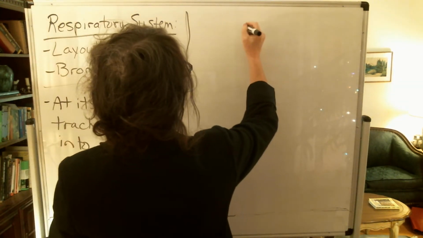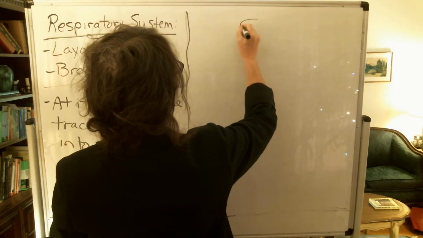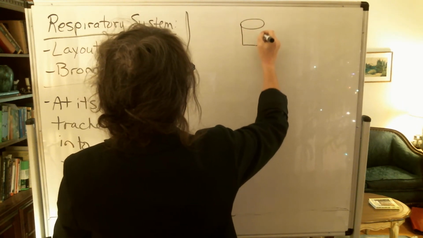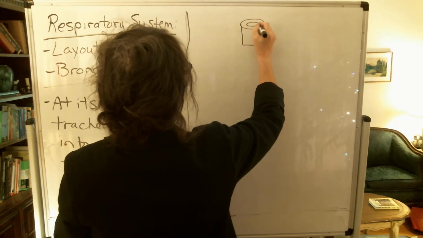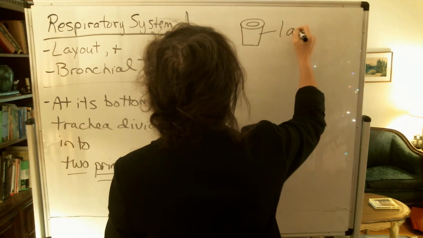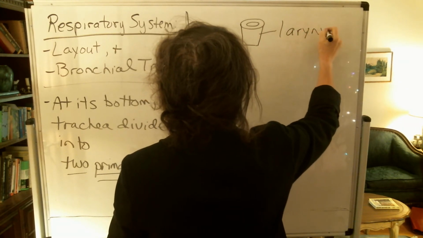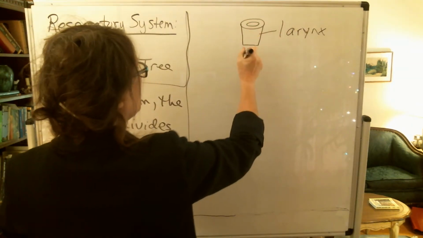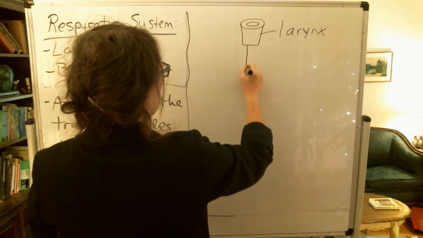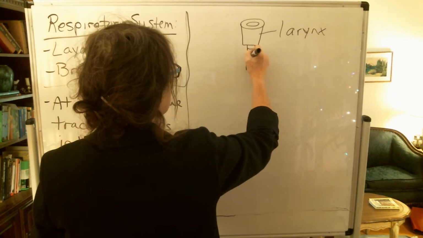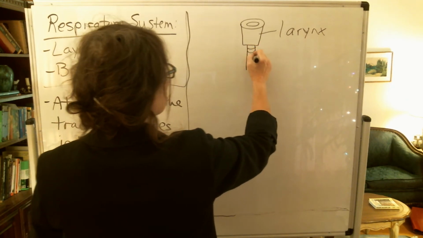So this is strictly diagrammatic, but here I have my symbol basically for the larynx. This cartilaginous structure through which air can pass on its way to the trachea, which has the rings of cartilage, of course.